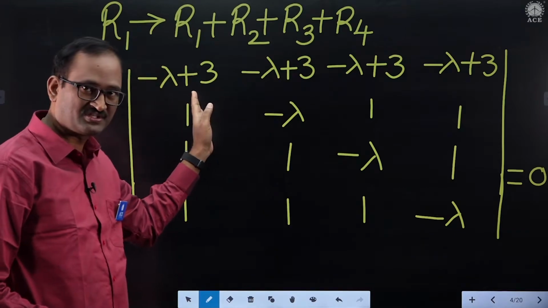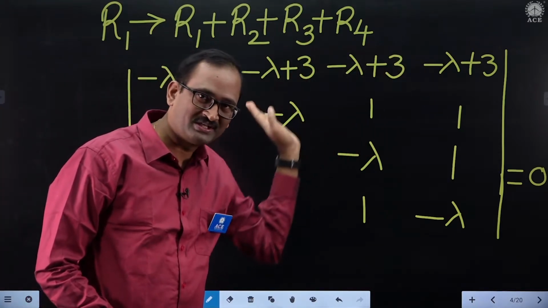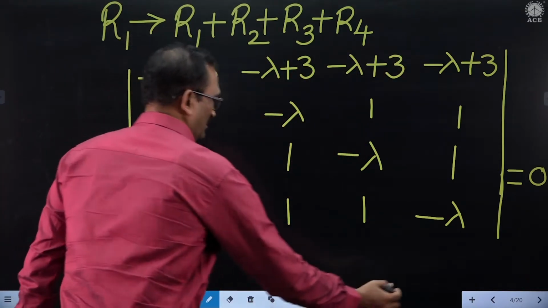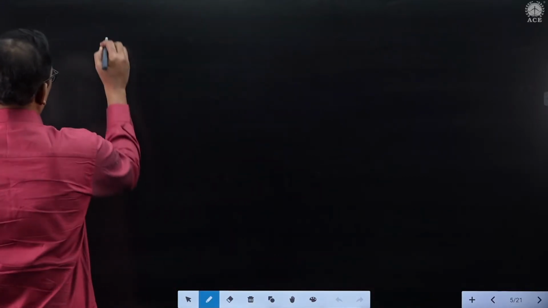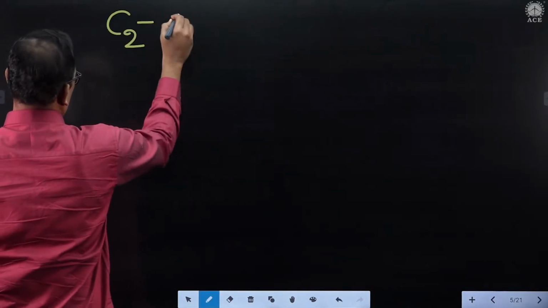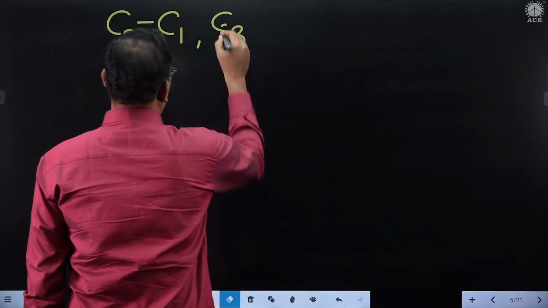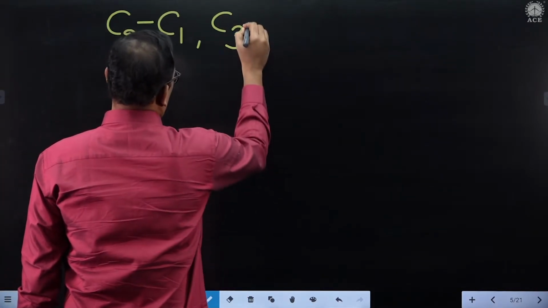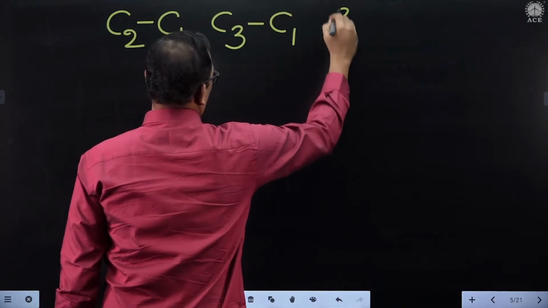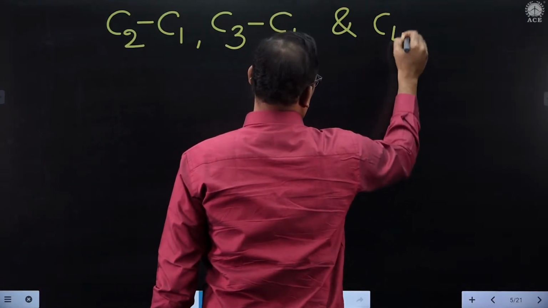In order to simplify further, take second column minus first column, third column minus first column, and fourth column minus first column.